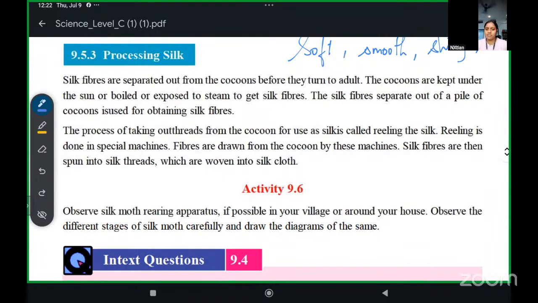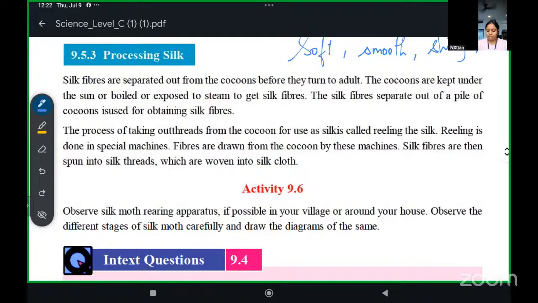When you boil them, the cocoon, which is in the form of a ball, opens up and spreads out, and it gives us silk fibers.